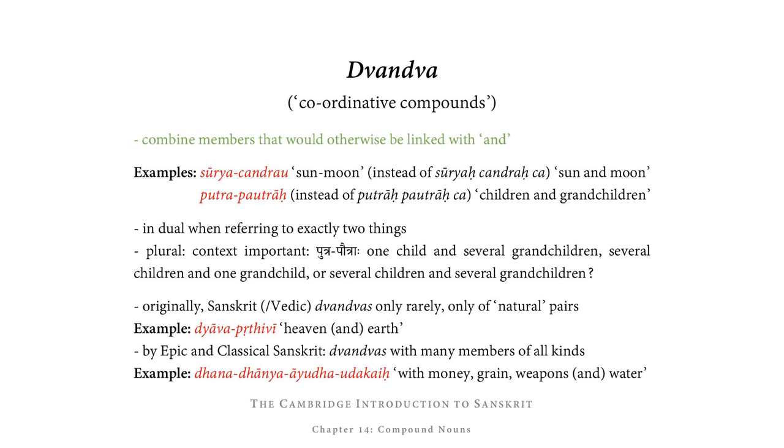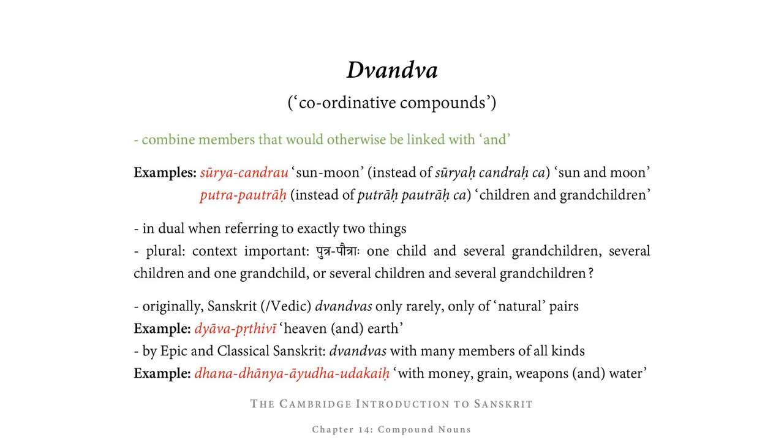Dvandvas stand in the dual when they refer to exactly two things. So, for example, Surya-Chandrau stands in the nominative dual because it refers to one, the sun, two, the moon, to exactly two things. Dvandvas stand in the plural when they refer to more than two things. So, for example, putra-pautrah, children and grandchildren.